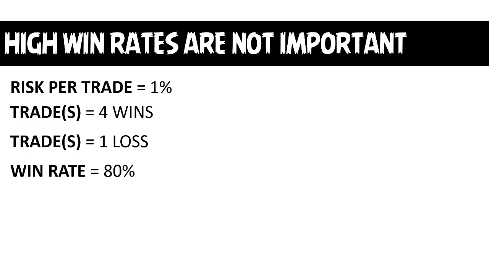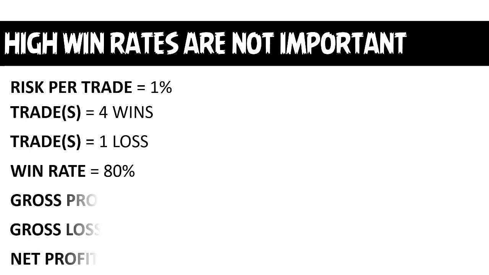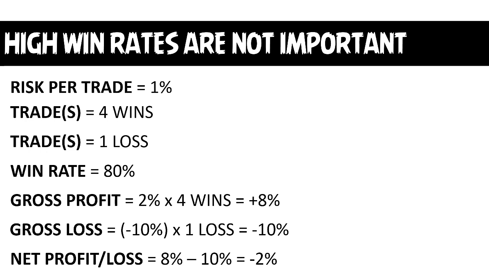But lo and behold, your 5th trade using the forex trading strategy turned out to be a losing trade, causing you to incur a staggering loss of about 10% of your trading account's capital. Now on the surface, your forex trading performance stats are going to say that you've got a whopping 80% win rate. However, after digging in a little deeper, it'll be discovered that your forex trading account is down by about 2% when we subtract the 8% gross profit which you earned from your 4 winning trades from the 10% gross loss which you suffered from your oversized losing trade.